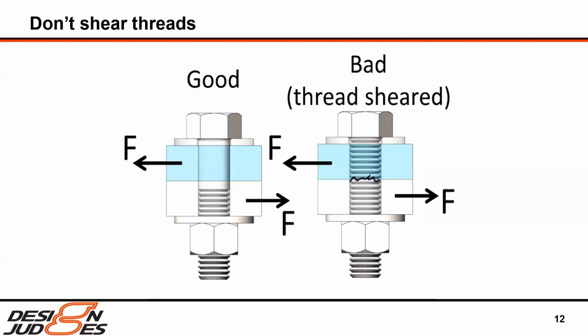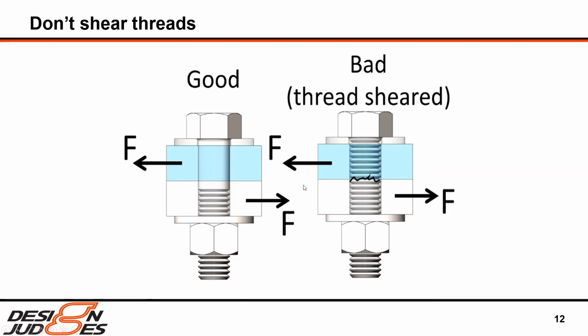One that requires less engineering judgment is to not shear the thread. So when you specify, being careful with the length and type of bolt that you're using is very important. And here's one easy example where you might just go grab a fully threaded fastener, and you might try and use it to hold some shear forces.